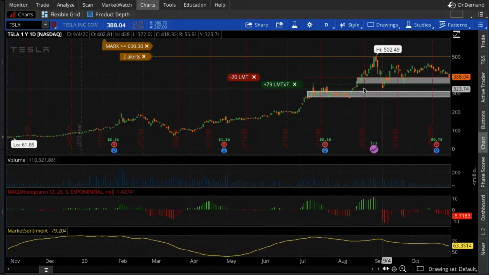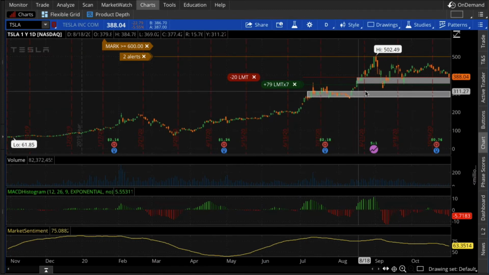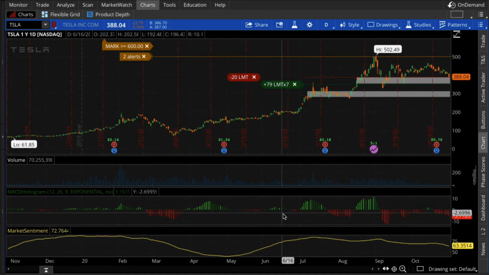So you can use that and take into account market sentiment and see if market sentiment is particularly low, and say, okay, the market is particularly bearish, right? And I think this is a solid company, and have that conviction to ride it out after that.